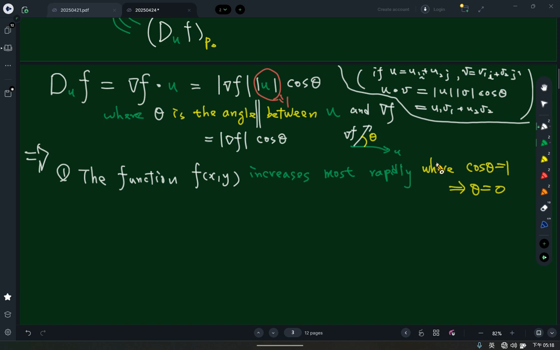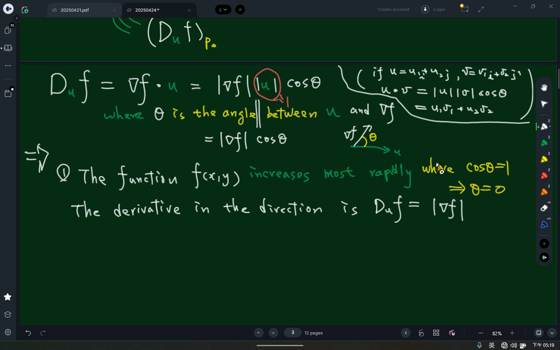So we can conclude that the derivative in the direction of the gradient, D_u f, is the gradient vector's length, right?